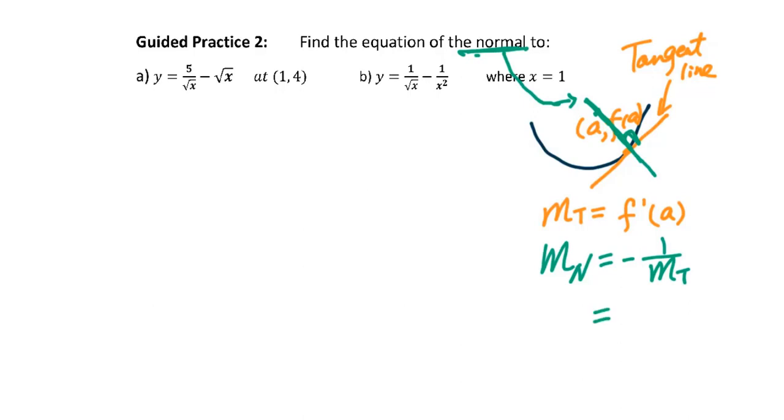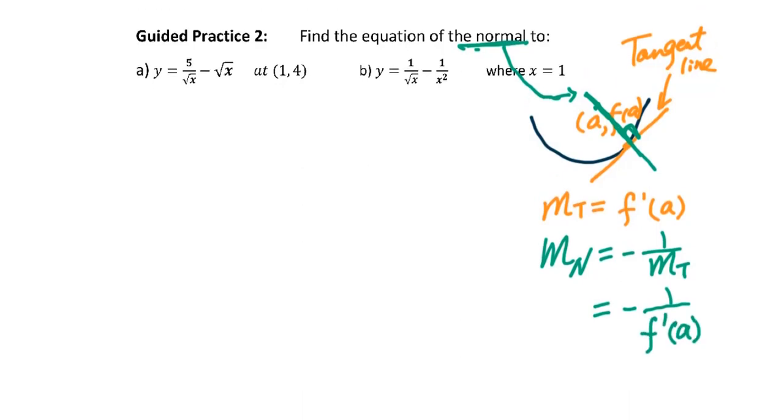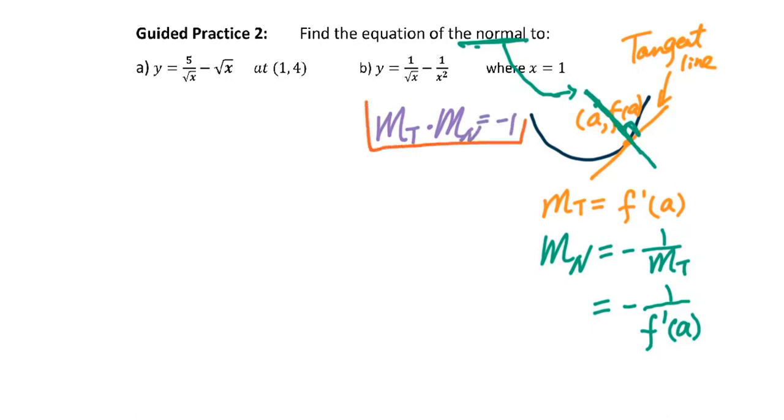In other words, it will be negative 1 over f prime of A. Official formula for gradient of a tangent line and gradient of a normal line will be this: gradient of a tangent line times gradient of a normal line equals negative 1. We call this the official formula for gradient of a tangent line and gradient of a normal line.